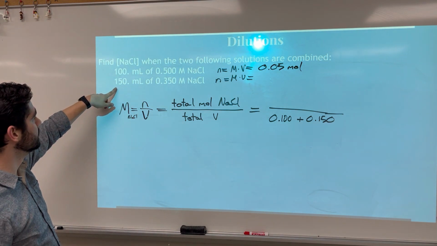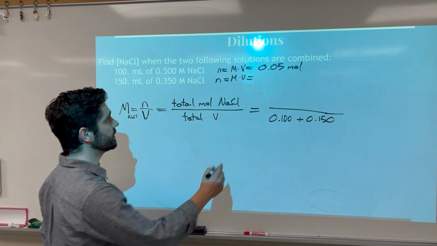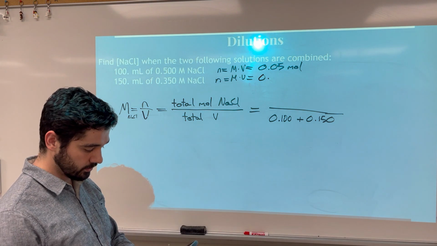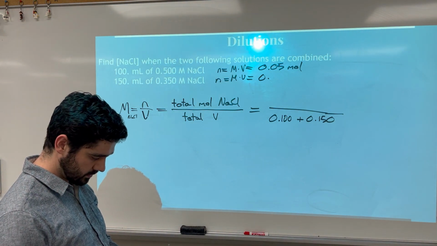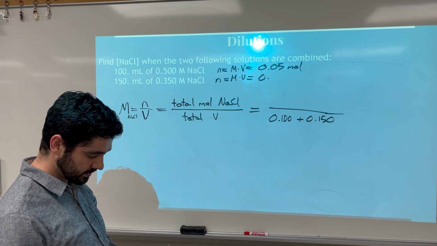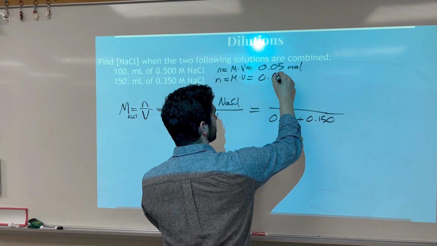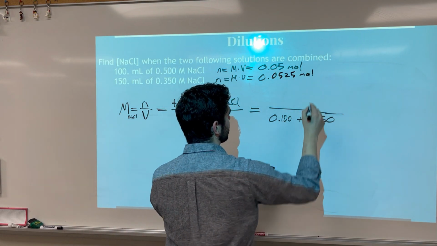And then if I do 0.15 liters times this concentration, I get a number that I knew in my head earlier today. I can't remember it. Let me just do it real quick. 0.15 liters times 0.35 molarity, 0.525 moles.